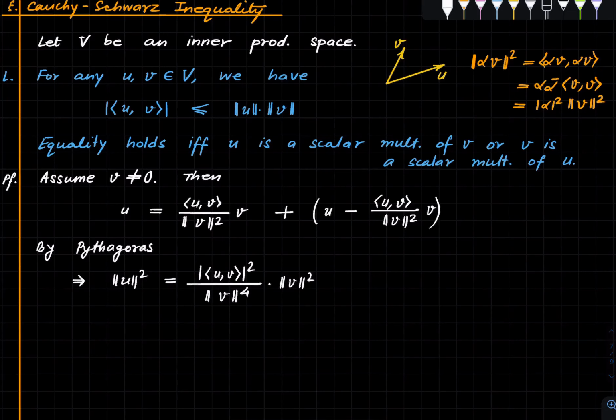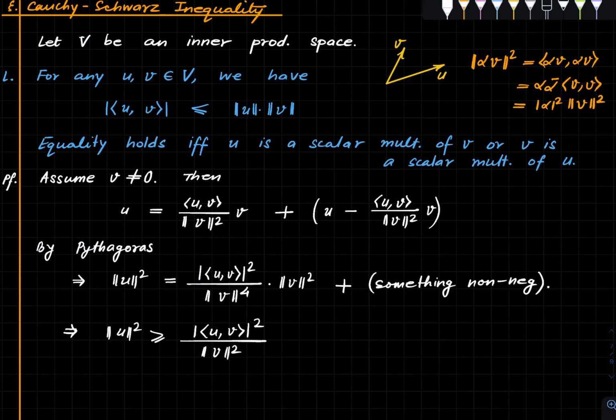All right. So that's the square of the first part, and the second part gives us something non-negative. Since this is non-negative, we get an inequality here, and we have cancelled this 2 with the 2 here, so we get that thing.